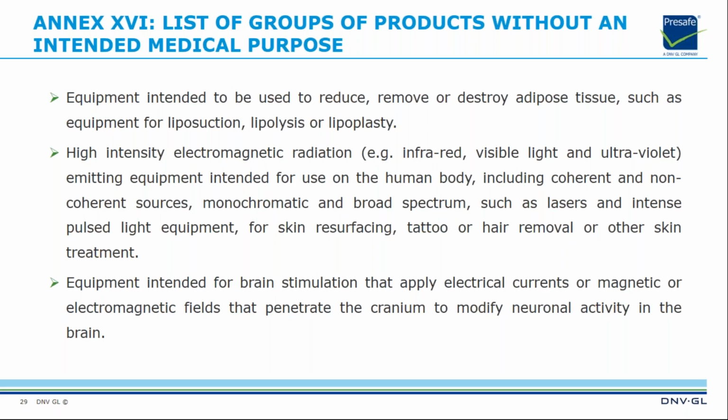emitting equipment intended for use on the human body, including coherent and non-coherent sources, monochromatic and broad spectrum, such as lasers and intense pulsed light equipment for skin resurfacing, tattoo or hair removal, or other skin treatment.